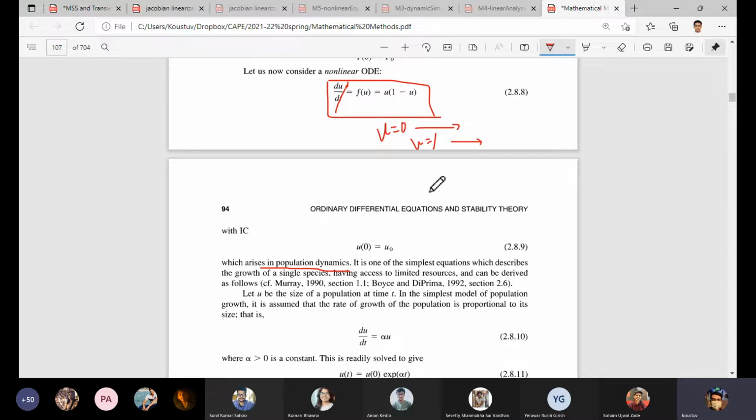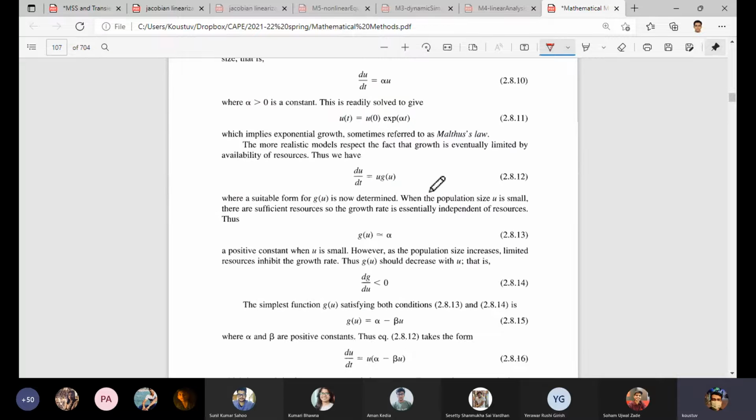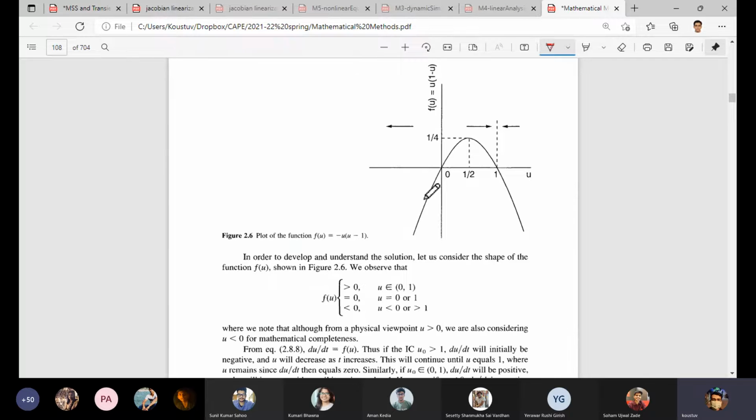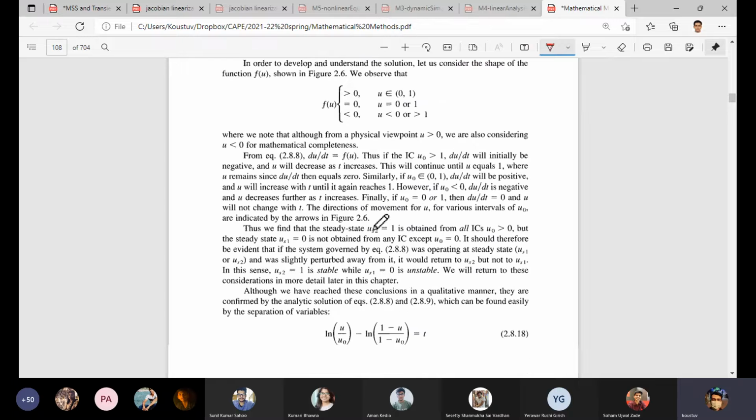In order to comment on that from a mathematical perspective, we have to take the help of the linearization technique, right? Some graphical analysis has also been done here, which you can go through, which I'll not explain.